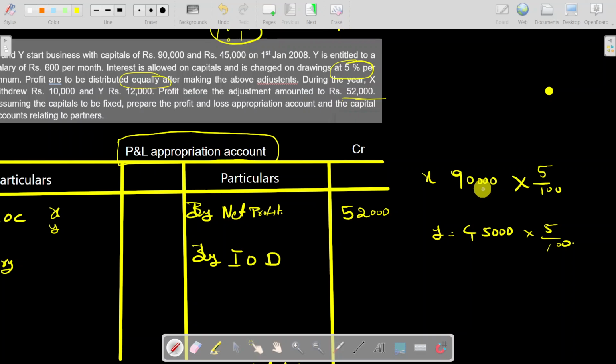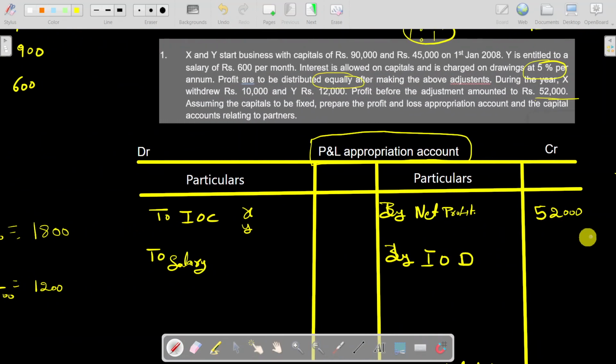So here we will get 4,500 and 2,250. So interest on capital will be 4,500, 2,250, total 6,750.